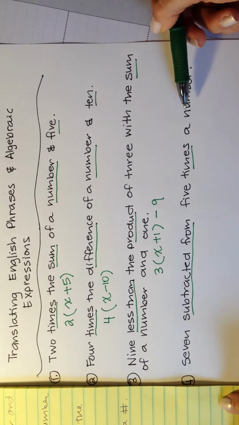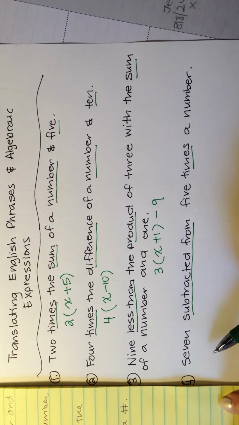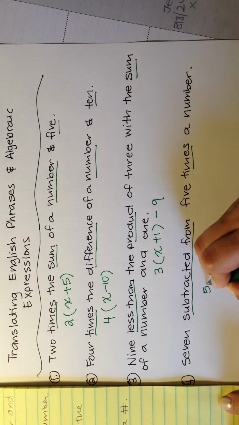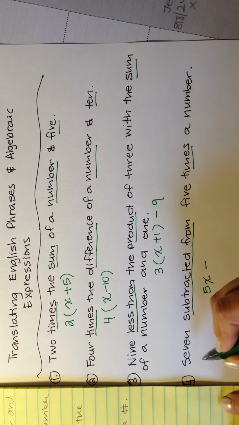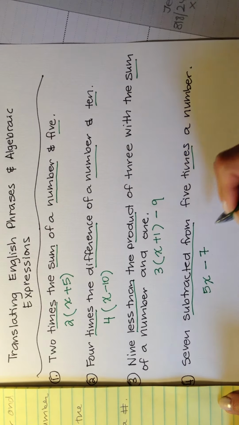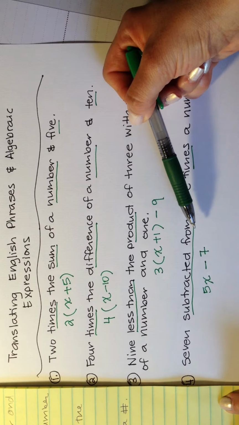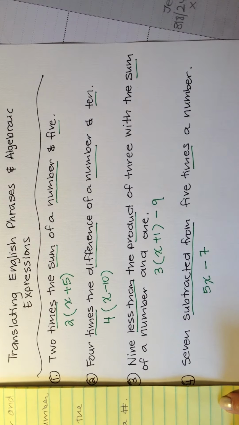Last part is first, first part is last. So you write 5 times a number first, 5x. Then we write minus and we put 7 last. It's always like that. So pay attention to less than and subtracted from. Those are the ones where you have to be careful with the order. The other subtraction ones, we just basically translate in the same order in which it's written.